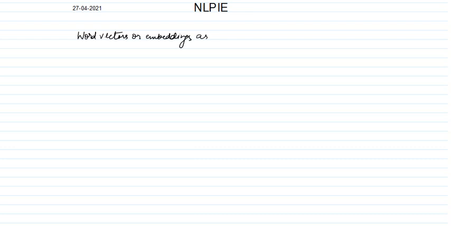So we define word vectors, or embeddings, as a vector of context values.